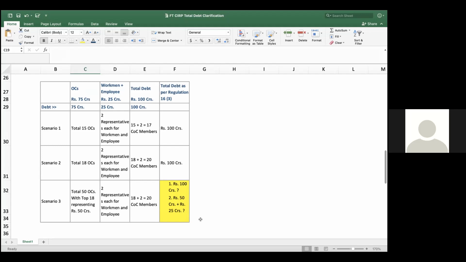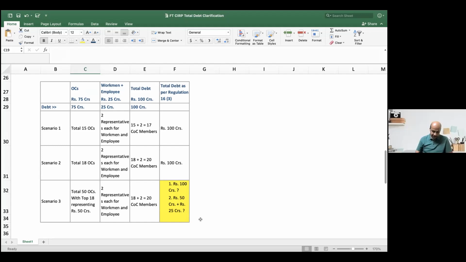Sir, but after constitution of the COC, if that is converted from fast track to normal CIRP, it will take time. Application to the adjudicating authority and decision of the adjudicating authority will take more than 7 days.